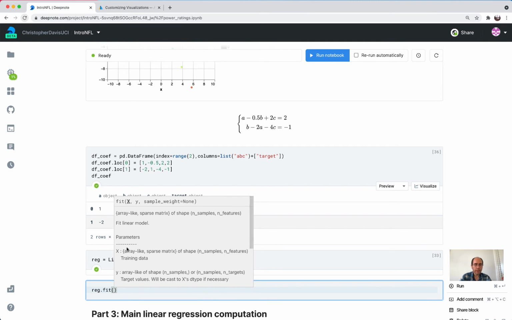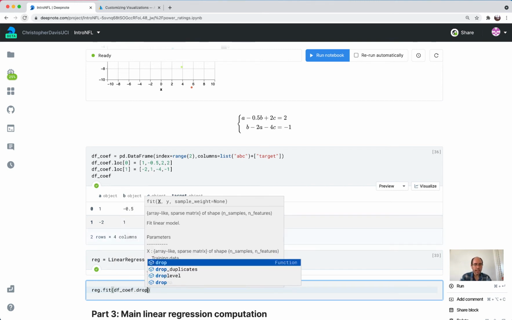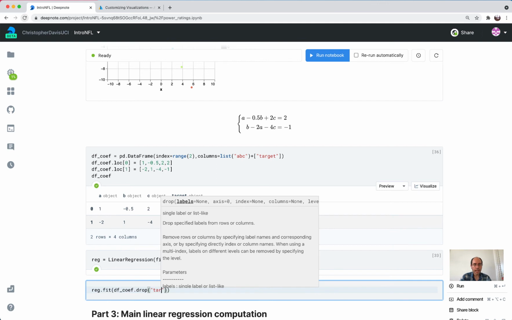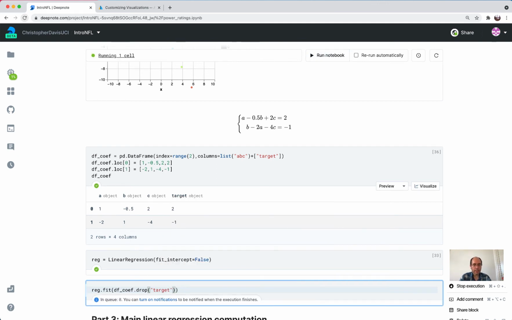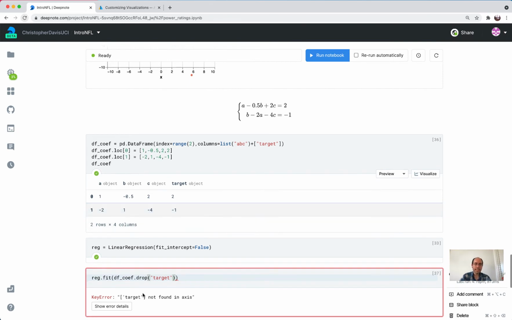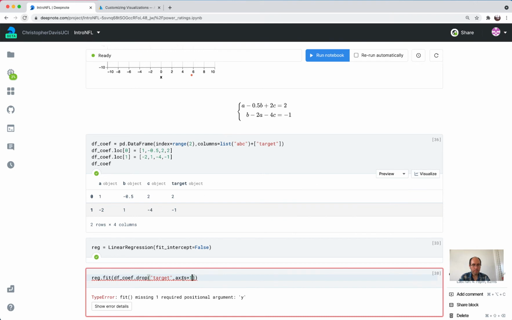And now inside this linear regression object, I want to say, what are the coefficients? So here is one way to get that. I can say df coefficients, and then I want to drop from that the target. And if I just try it like this, I'll get an error. It says target not found in the axis. And that's because I need to say, look in the column names, don't look in the row names. So I do that by saying axis equals 1.